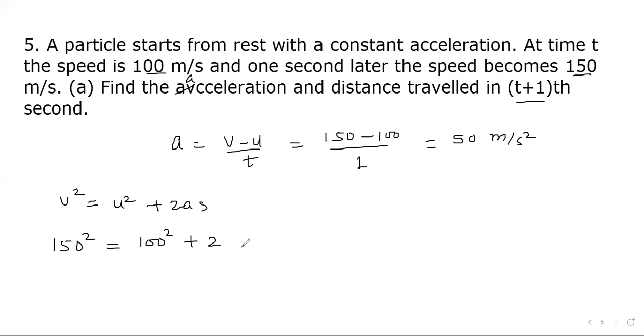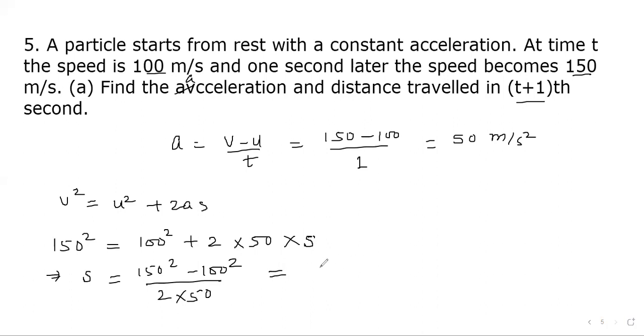Here acceleration is 50 and the distance s is to be found. So s equals 150 square minus 100 square divided by 2 into 50. So this will become 125 meters, which is our answer.